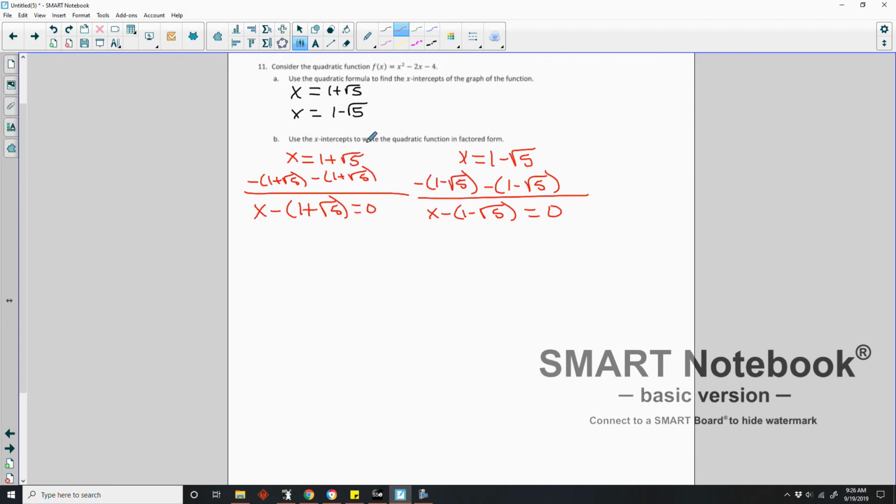So now it says use the x-intercepts to write a quadratic function in factored form. So now I'm going to have this as one factor, times the other factor.